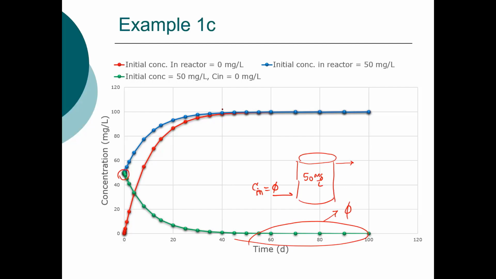And notice in all cases, the time to reach steady state is about 40 days. Where we have no reaction, it's roughly 4 times the detention time. How do we calculate that detention time?